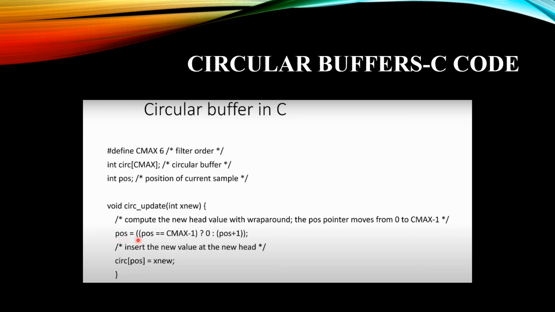If it reached Cmax minus 1, if that is true, the head position should change to 0. Otherwise, it should increment the position. So after computing the head value, we have to insert the new value at the new head. That is, here we are overwriting the value on the circular buffer.